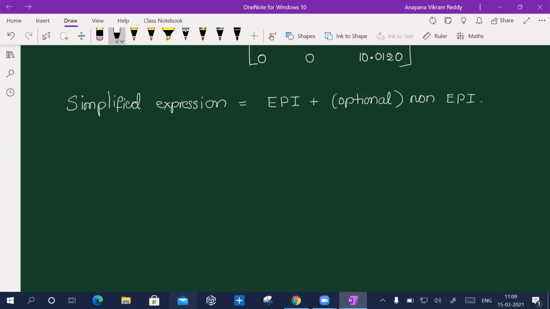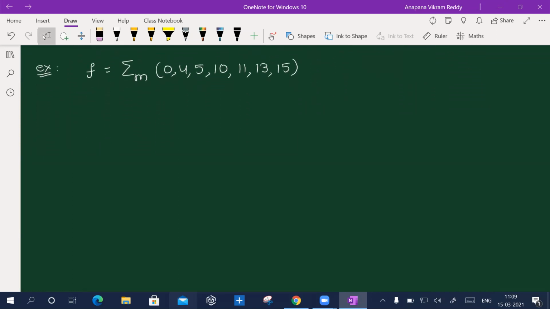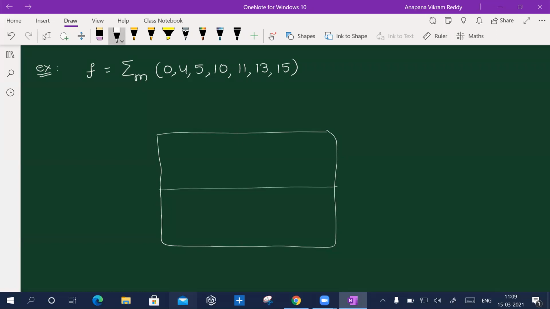For example, I have a Boolean function in terms of sum of minterms given like this: 0, 4, 5, 10, 11, 13, 15. Let's use a K-map now.